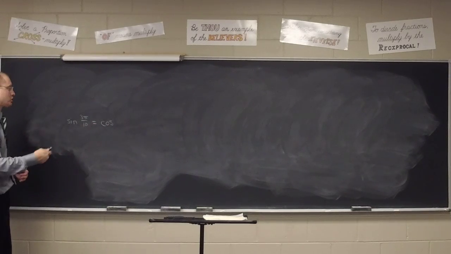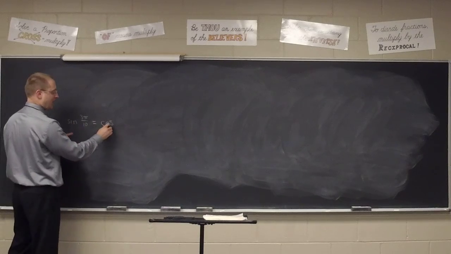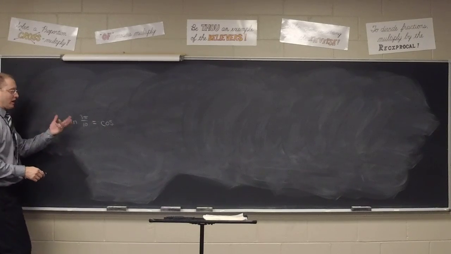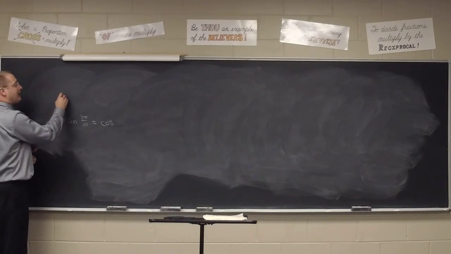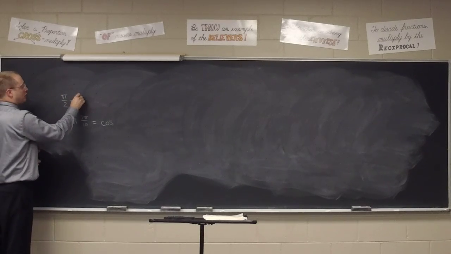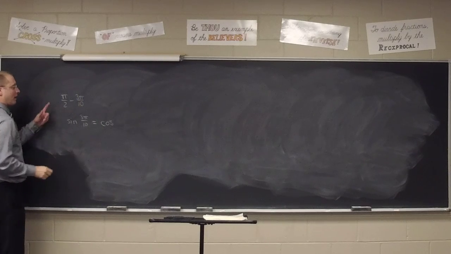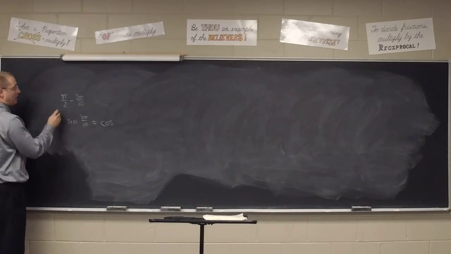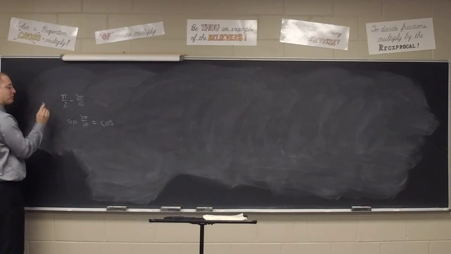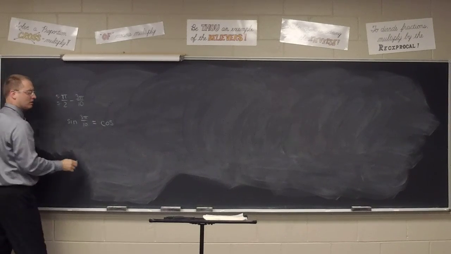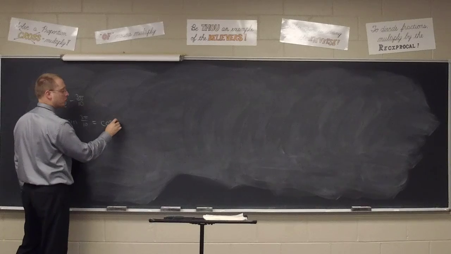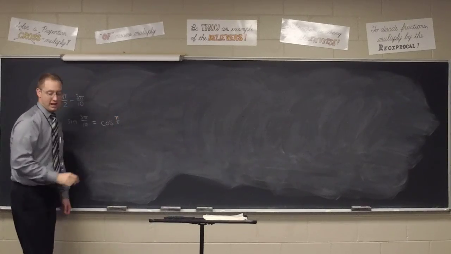Co means complementary. So we've changed to cosine, but the complementary angle, how do I find a complement? Pi over 2 minus. 90 minus normally, but here pi over 2 minus 3 pi over 10. Common denominator, of course, is 10. So multiplying top and bottom by 5 to get 5 pi over 10, we get 2 pi over 10, which reduces to pi over 5.